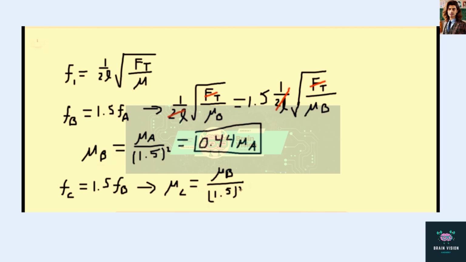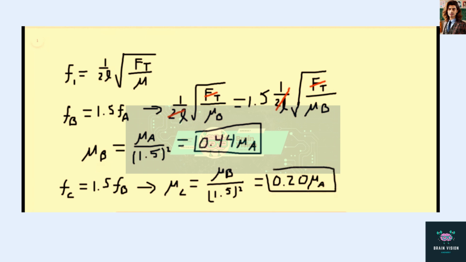But mu b was 0.44 mu a, so 0.44 divided by 1.5 squared is 0.20, and you still have mu a. Box that in as the next solution.